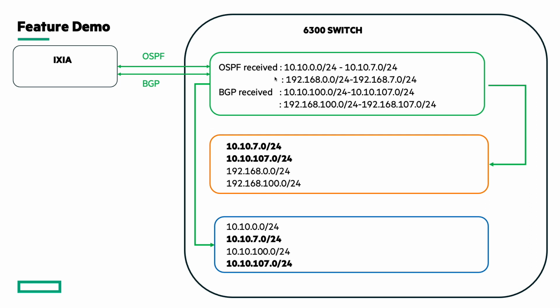We have two ingress VRFs, the orange and the blue one. Let's say I keep the last subnet here, 10.10.7. This one will be common to both ingress VRFs, which is received by BGP.